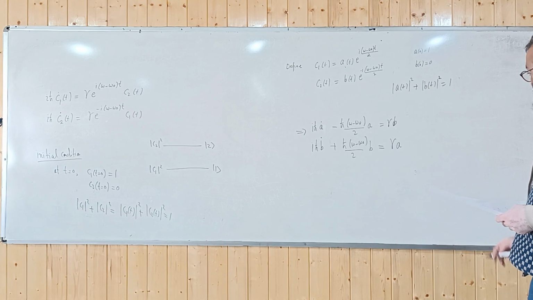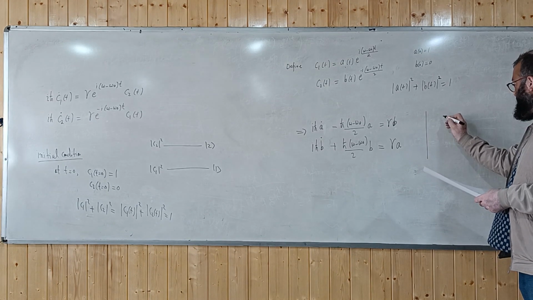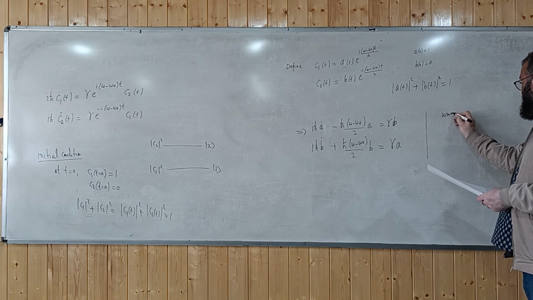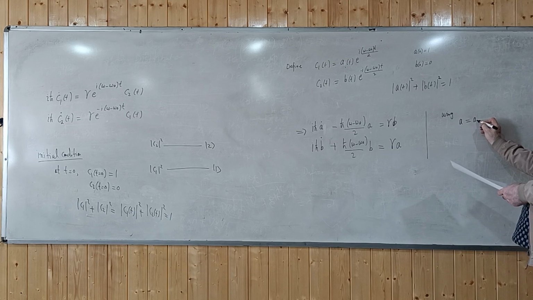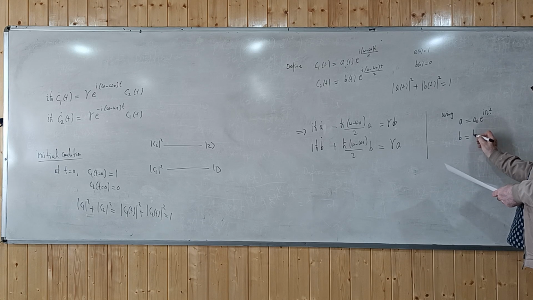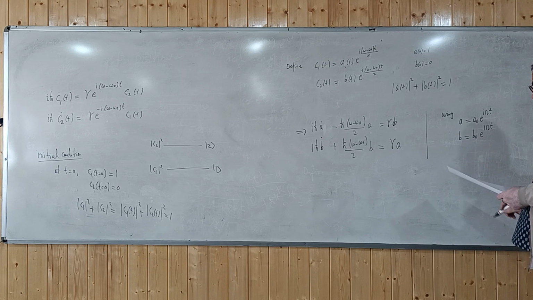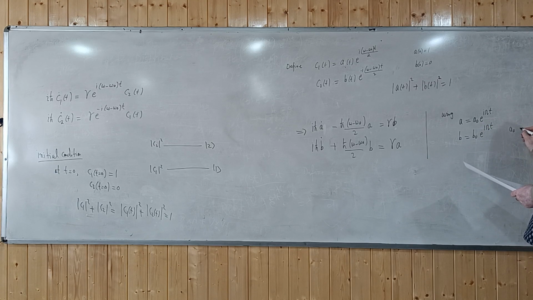So let me write A equal to some A0 e raised to the power i omega t, and B equal to some B0 e raised to the power i omega t, where A0 and B0 are constants, and omega is unknown. We need to figure out omega.